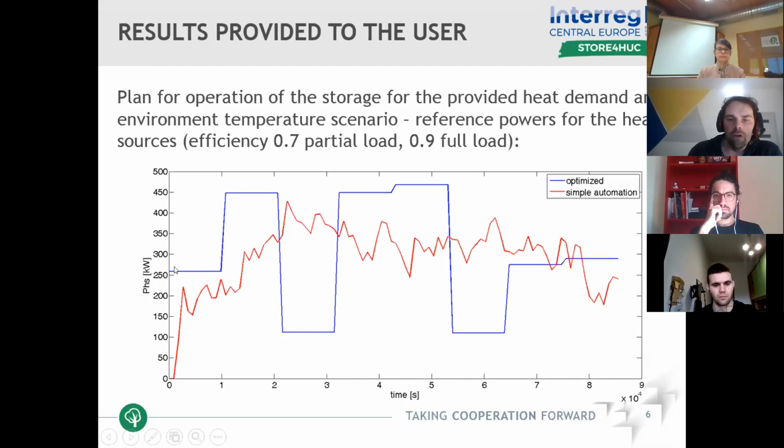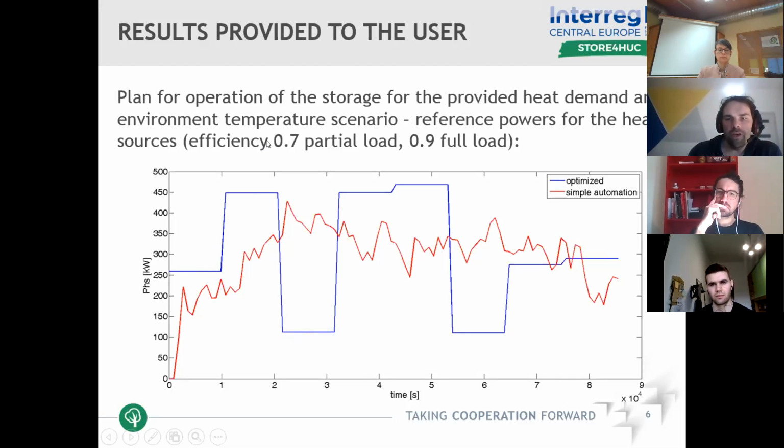So the blue line gives you advices how you should run your system in blocks of, so these are 8 different blocks. So these are blocks of 3 hours, 24 hours through 8. These are blocks of 3 hours. So each 3 hours, like a constant power reference for your heat source.